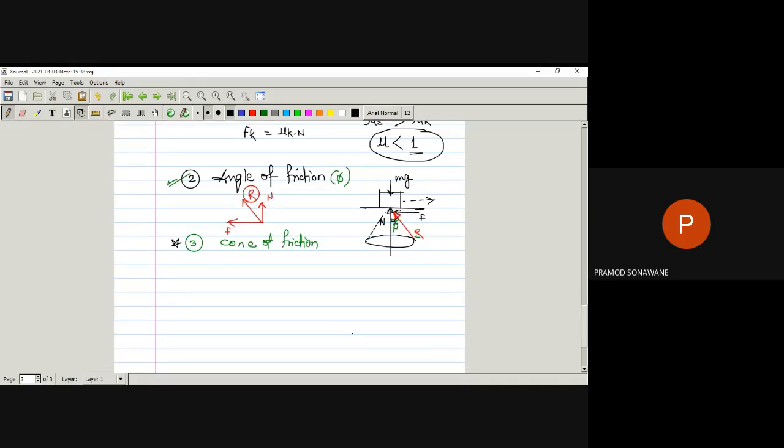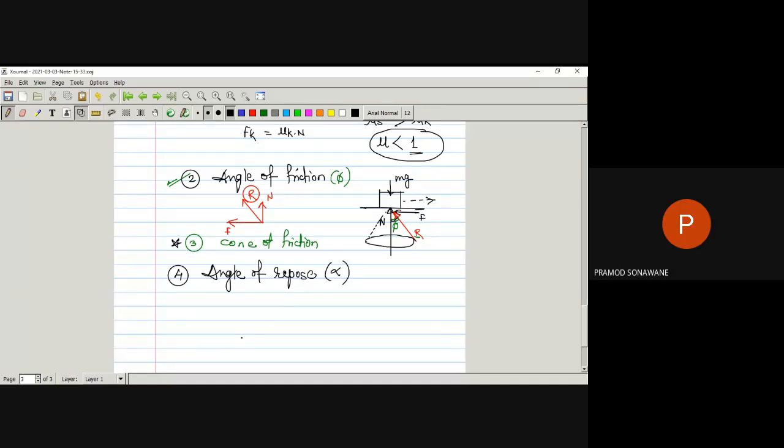Fourth important concept is angle of repose. Are you aware about angle of repose? No, ma'am.